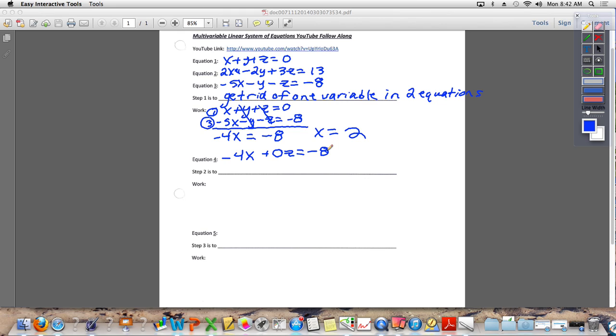So step 2 is to get rid of the same variable with 2 different equations.